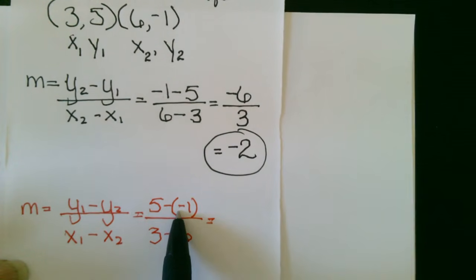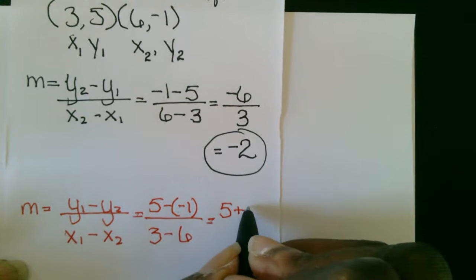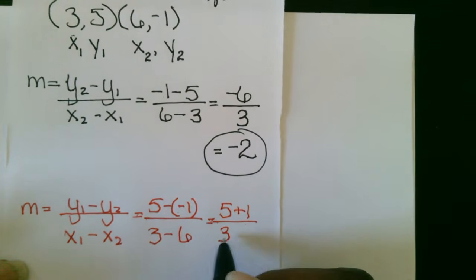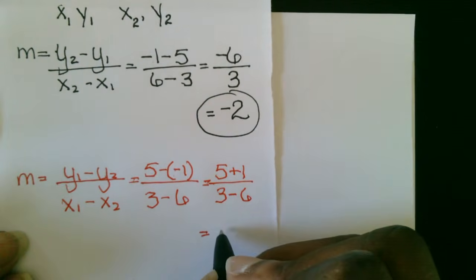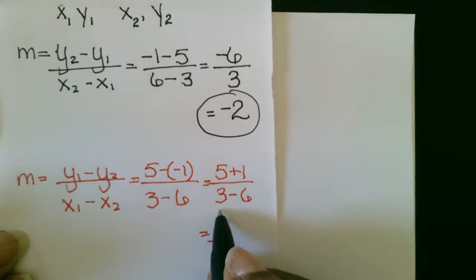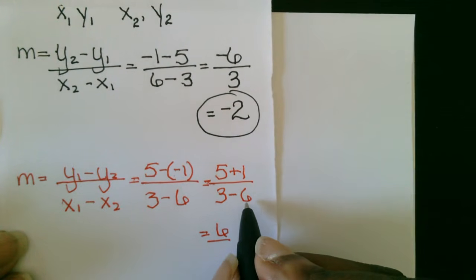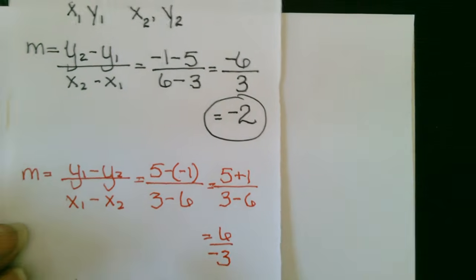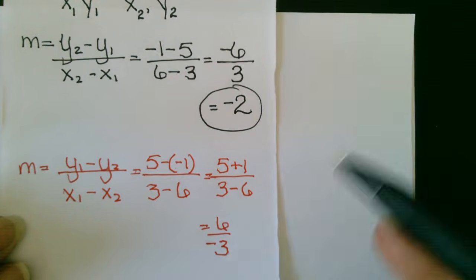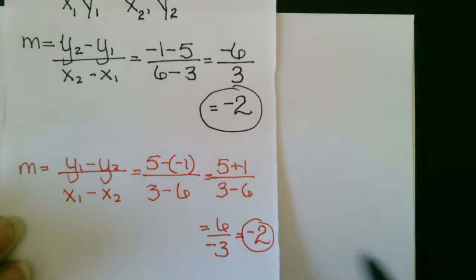When you minus a negative, remember it's going to turn positive. So it's really going to be 5 plus 1, and this still remains as 3 minus 6. So 5 plus 1 gives me 6. 3 plus a negative 6, because that's what's happening. If I had $3 and I want to spend $6, that means I am short $3. So 6 divided by negative 3 still gives you a negative 2.